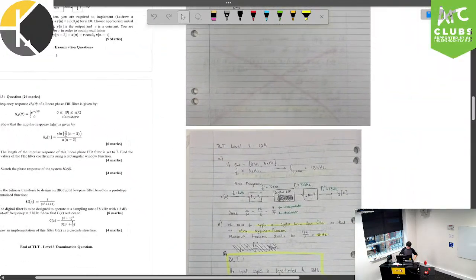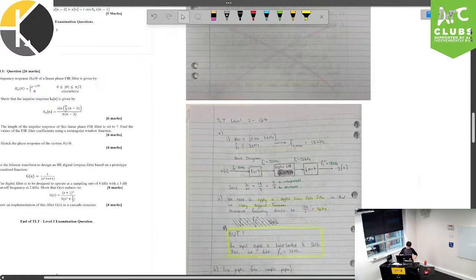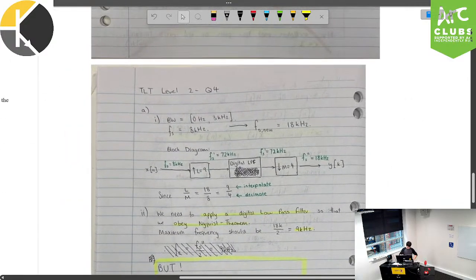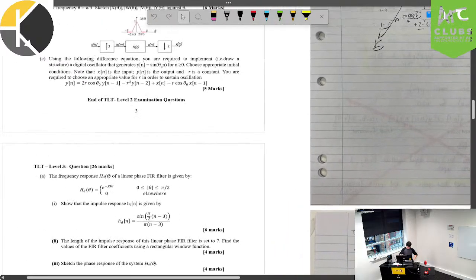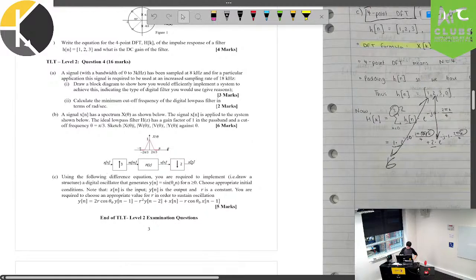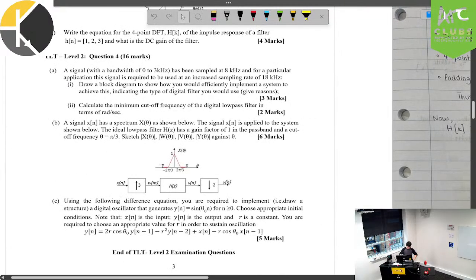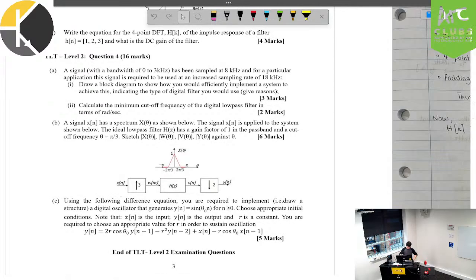So moving forwards, next question we're going to look at is going to be question 4, still within TLT 2. So here we go. Question 4, let's just read it. A signal with a bandwidth of 0 to 3 kilohertz has been sampled at 8 kilohertz.